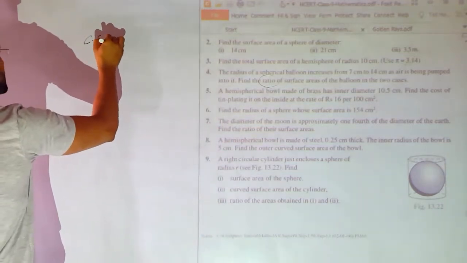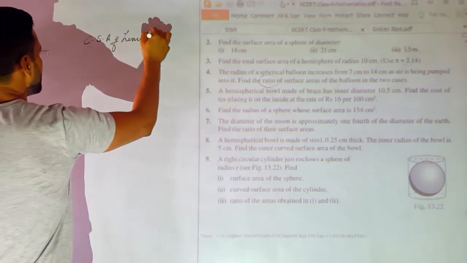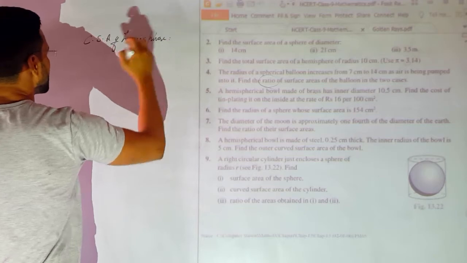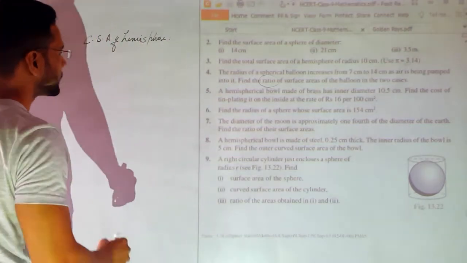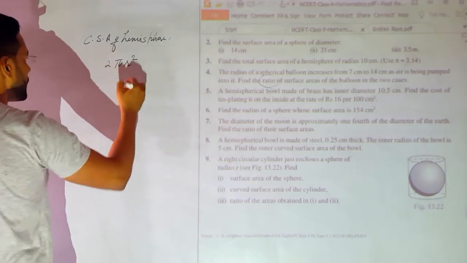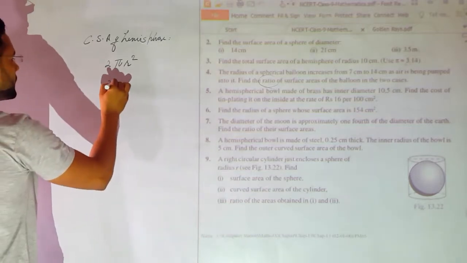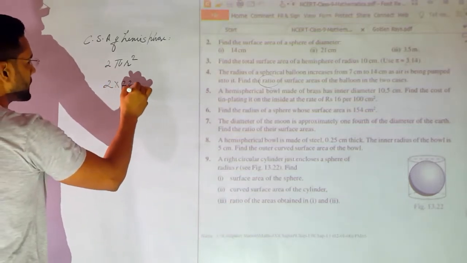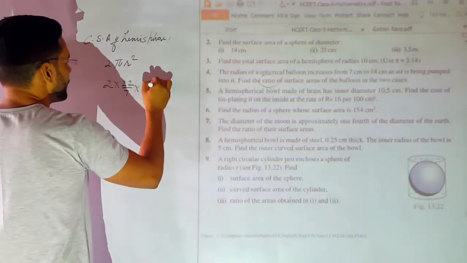So CSA of hemisphere is 2 pi r square. Now 2 as it is, pi is equal to 22/7, and r is 10.5, half of the diameter.